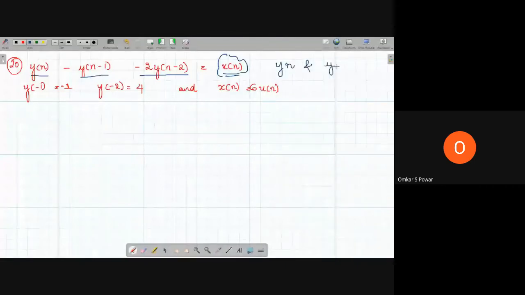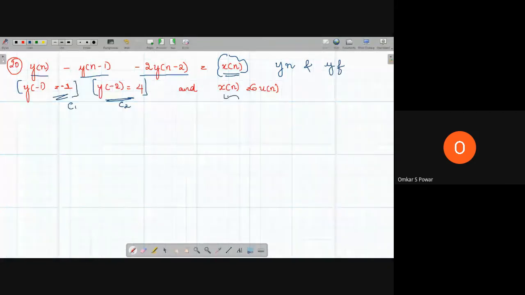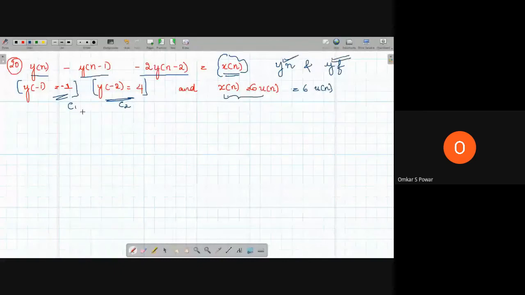Another thing came here, y of minus 1 is equal to minus 1 and y of minus 2 is equal to 4. This means we have to find c1 and c2, another headache. Then x of n is equal to 6u of n. So you have to find the natural response, the forced response, then c1 and c2.